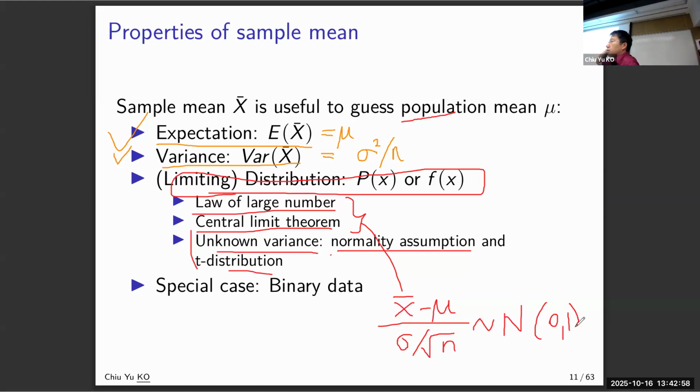If it is a bell curve, most of the data are within 2 or 3 standard deviations, right? If you still remember the empirical rule, 68, 95, 99.